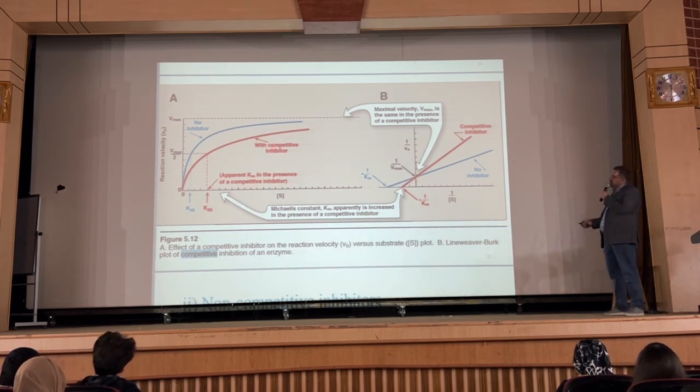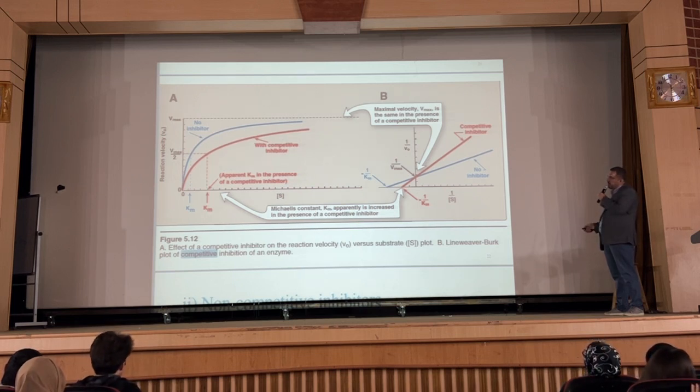With a competitive inhibitor compared to no inhibitor, the curve shifts to the right, and the Km value is increasing. So when the Km value is increasing, what does that mean? We need more substrate for this reaction.